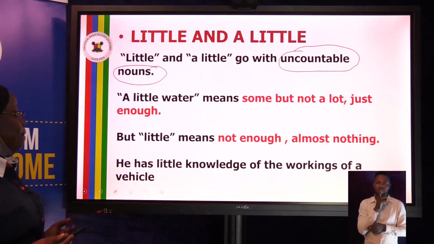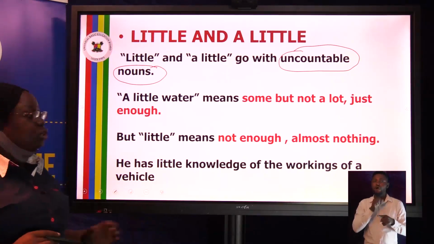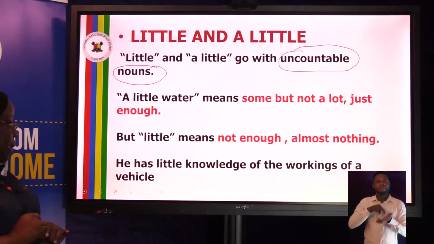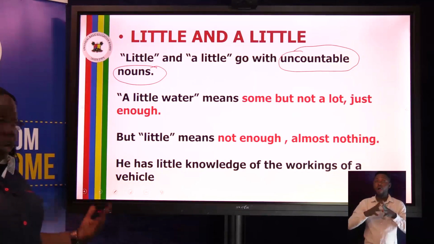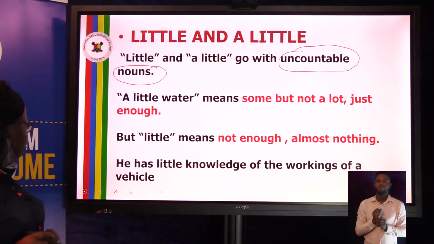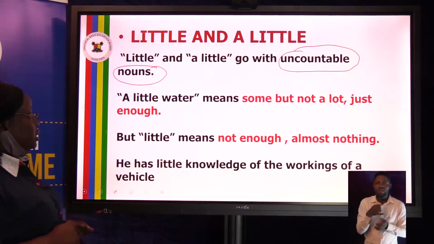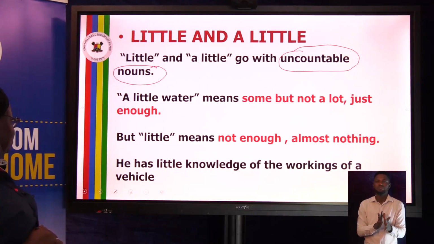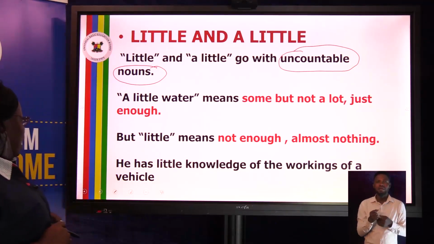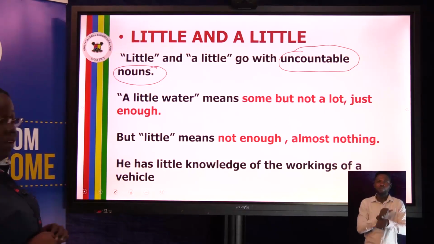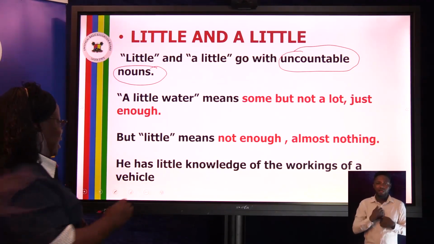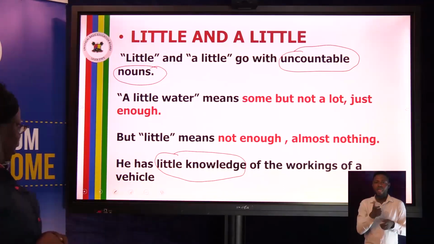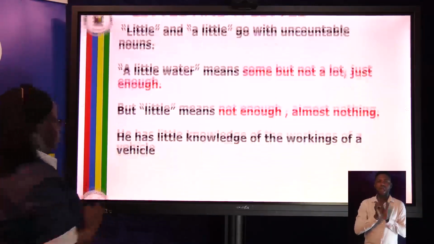A little water means some, but not a lot, just enough. But when you say little, it means not enough, almost nothing. He has little knowledge of the workings of a vehicle. That's an example.